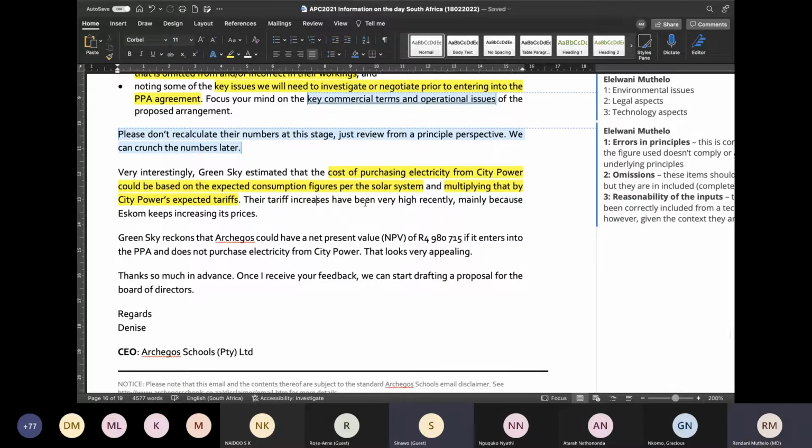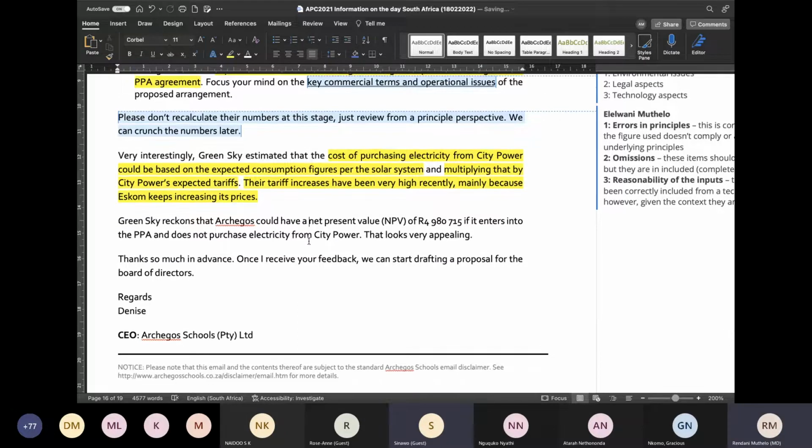Their tariff increases have been very high recently, mainly because Eskom keeps increasing the prices. So this is a task that stands the test of time. I mean, we've just been hit with another Eskom price increase.